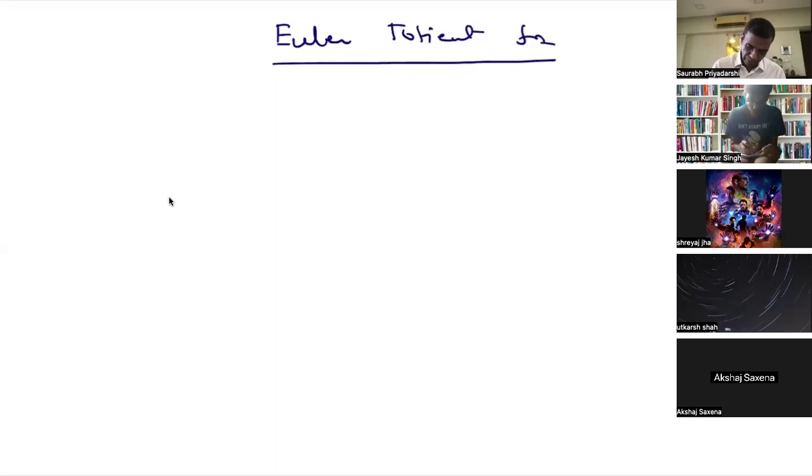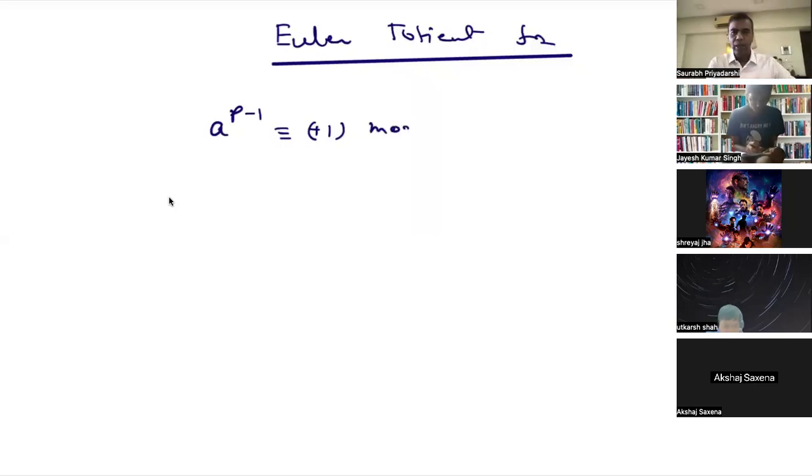Euler's quotient function. What is this Euler quotient function? As we have seen, a to the power p minus 1 is congruent to 1 mod p. Euler gave a new terminology.